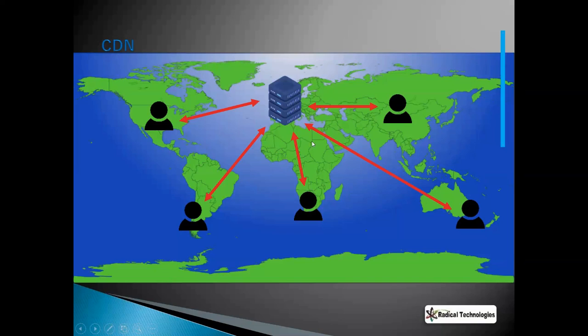So the user experience is not good, or is worse, compared to the other users who are nearby this website, right? You might be experiencing the same. Because the website is not near to you, or the website is hosted from a far location, your browsing experience is not smooth.